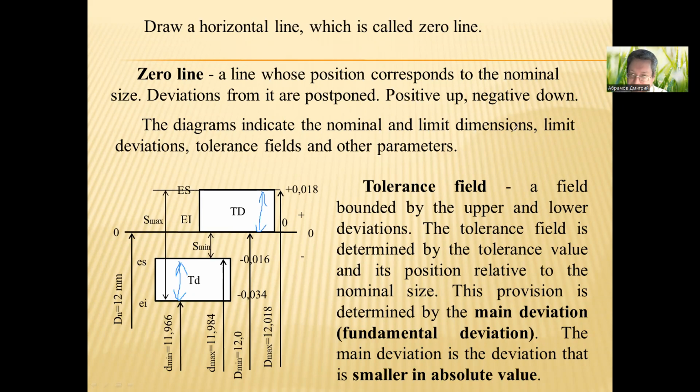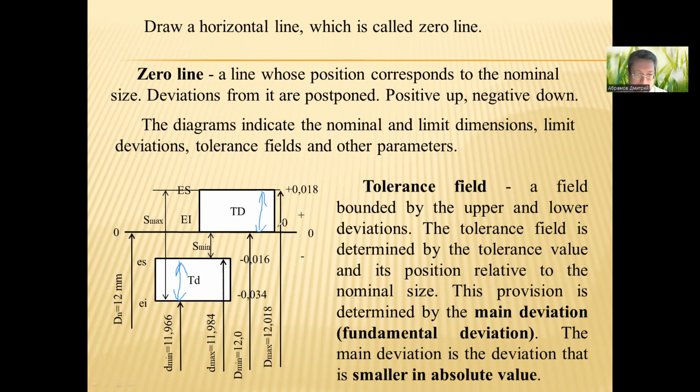Tolerance field is a field bounded by the upper and lower deviations. The tolerance field is determined by the tolerance value and its position relative to the nominal size. This position is determined by the main deviation, the fundamental deviation. The main deviation is the deviation that is smaller in absolute value.